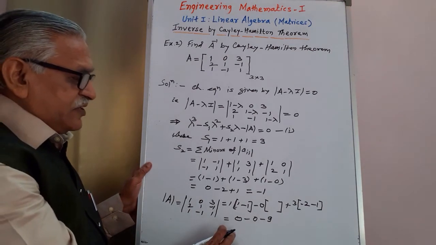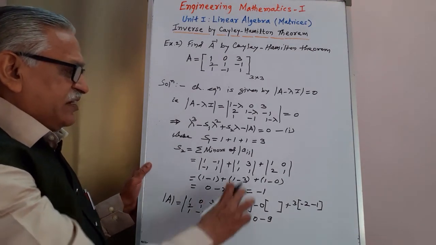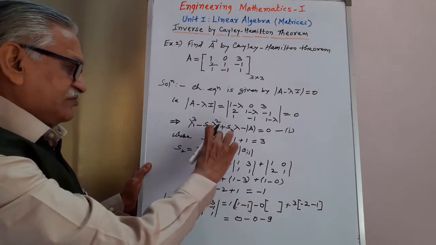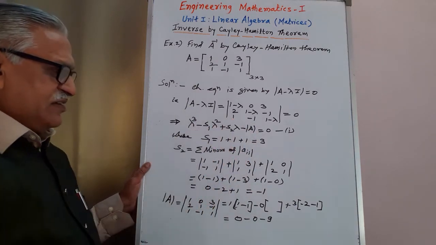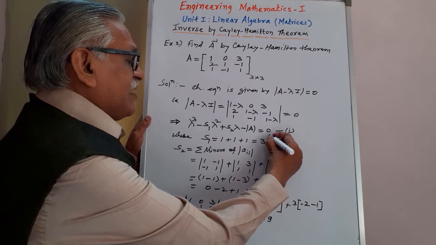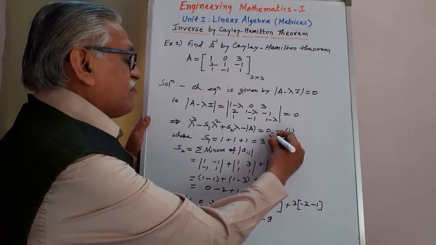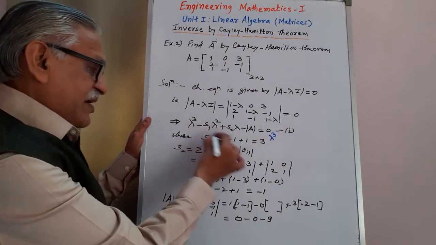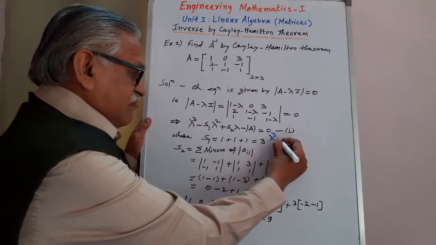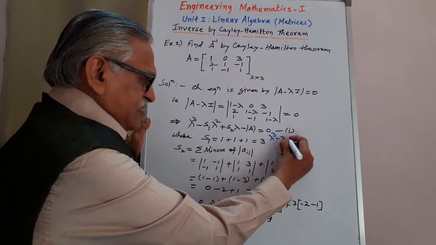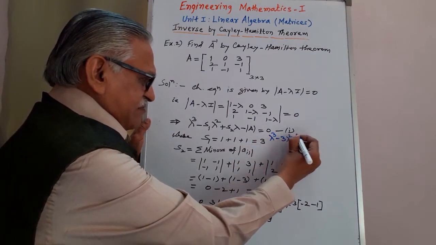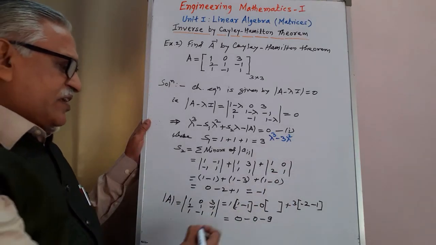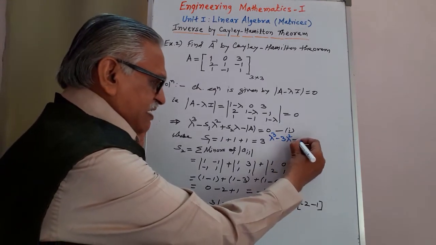And then substituting all these values in equation 1, that equation is lambda cube minus S1 lambda square, that is minus 3 lambda square, plus S2 lambda. The value of S2 is minus 1.